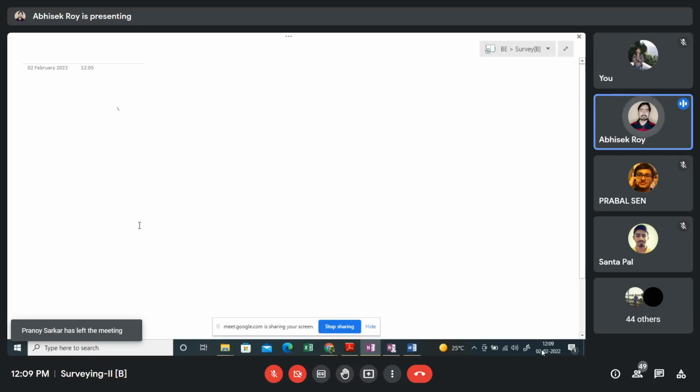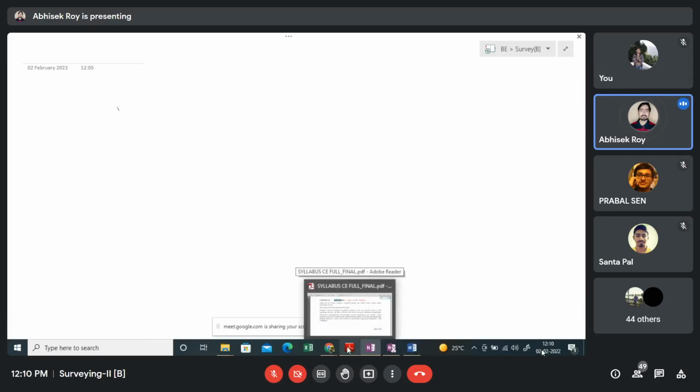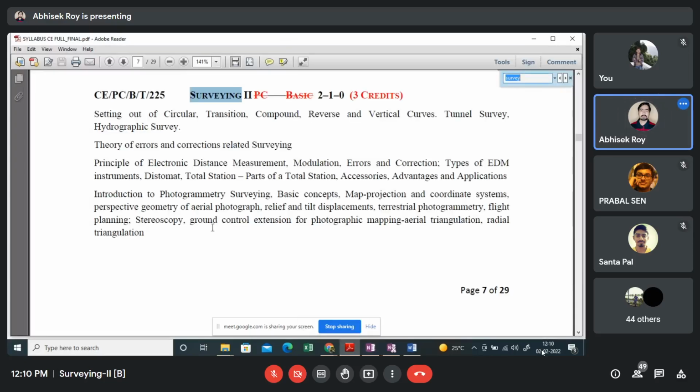Now, in this Surveying Two, I, along with Professor Gopinath Bhandari and Professor Ompam Devsarkar, will take this subject. I guess all the faculties have told you which portion they are taking. ADS sir is probably taking setting out of curve, transition and compound curves, tunnel survey and hydrographic survey.